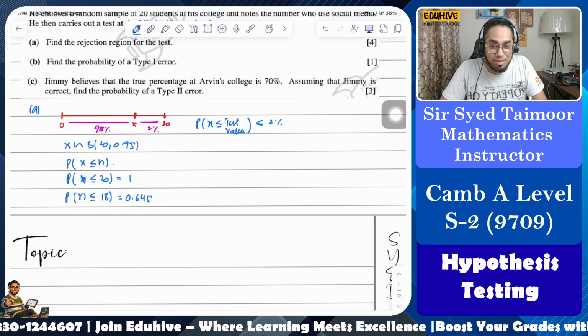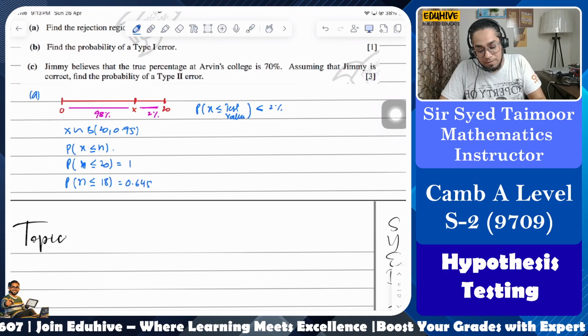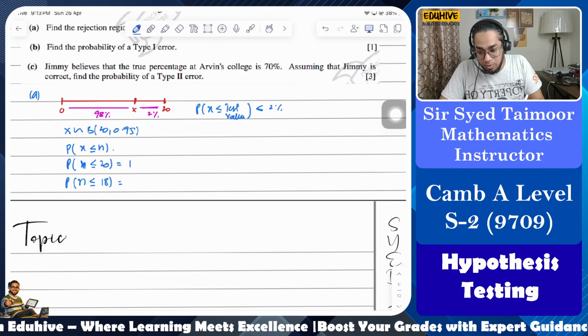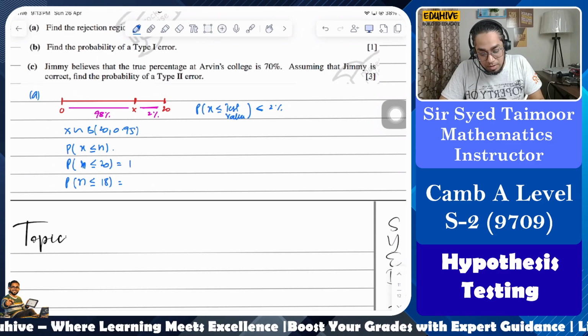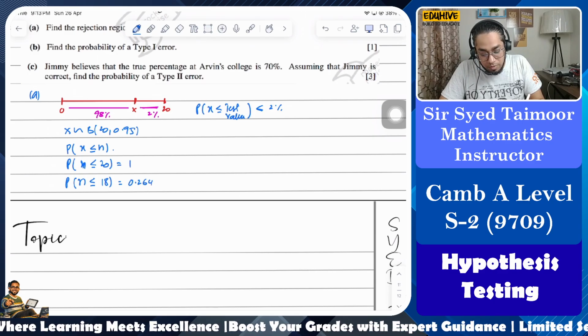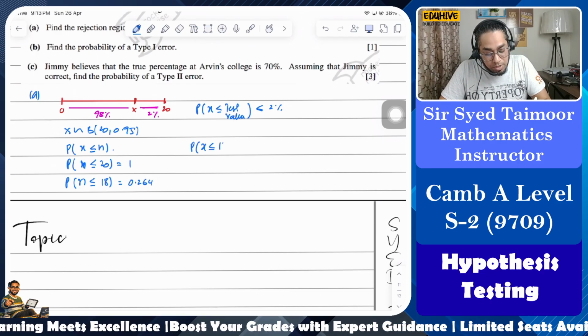What am I doing? 18, 19 is a large one. It should be less than 0.02. It was 0.264. What about 17?